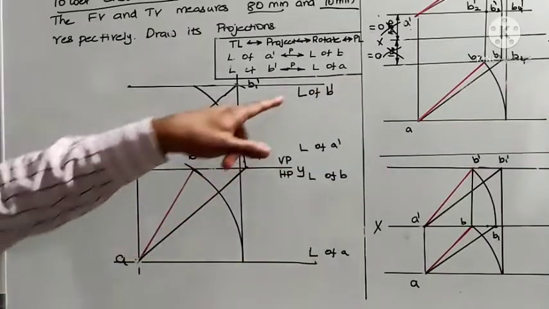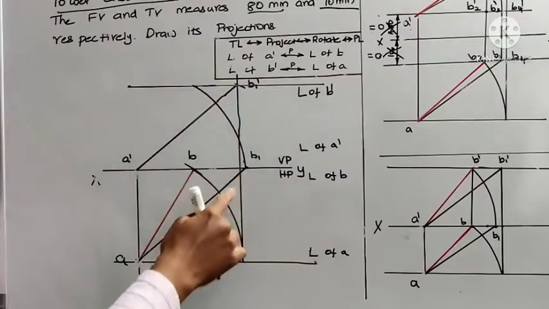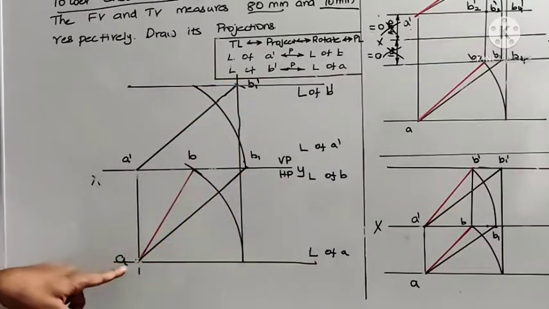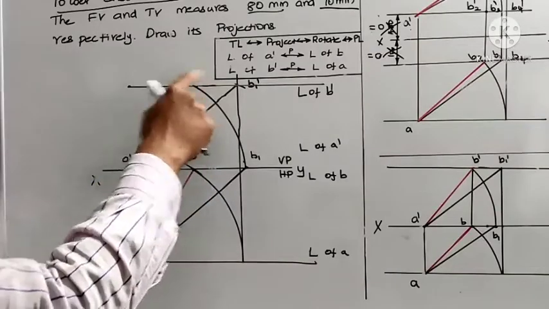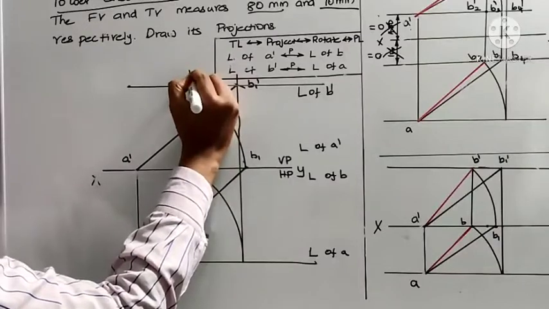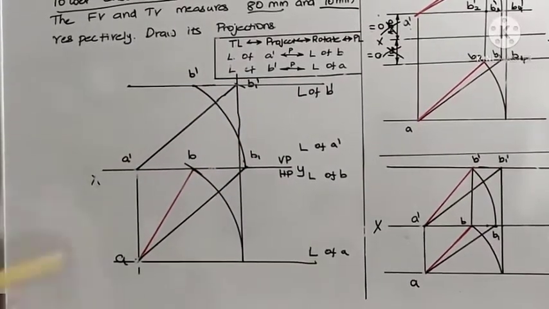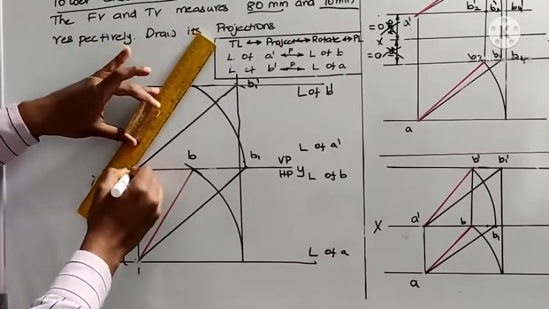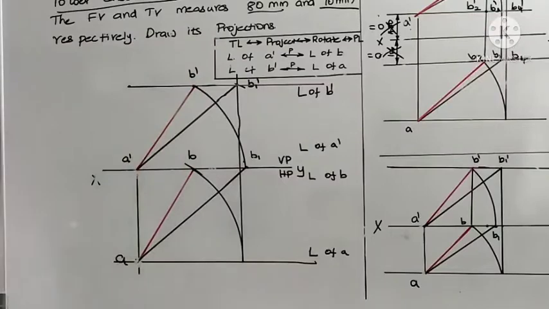Okay. So that locus of B dash line will cut somewhere in the arc drawn from the true length in the top view. So that arc will intersect the locus of B dash. So that is nothing but my B dash. Okay. If you connect B dash and A dash, you will get the front view.